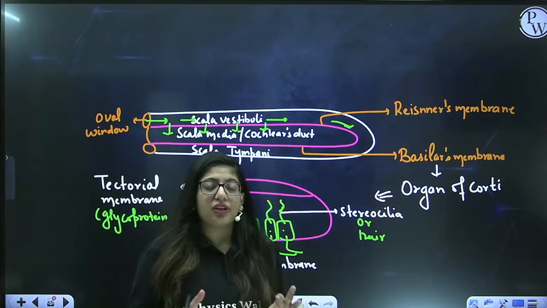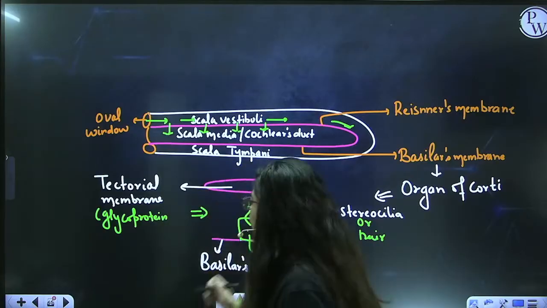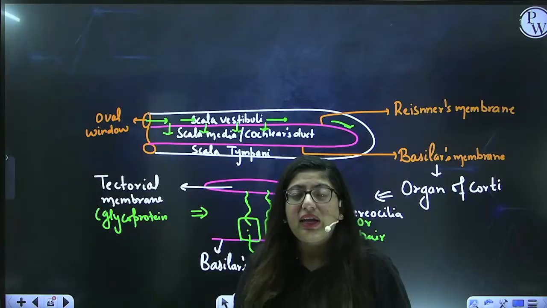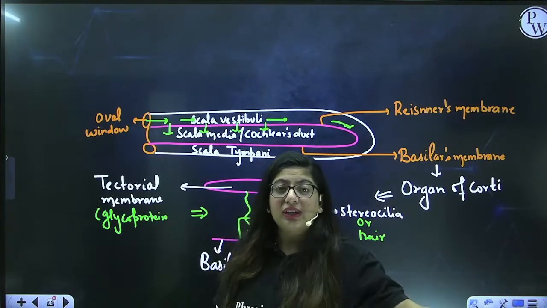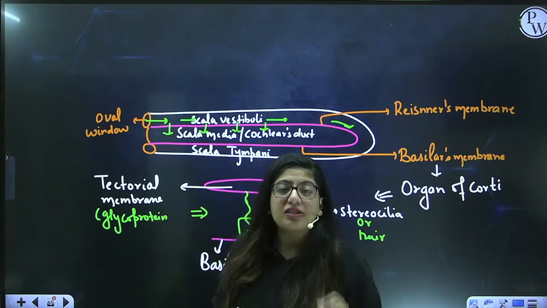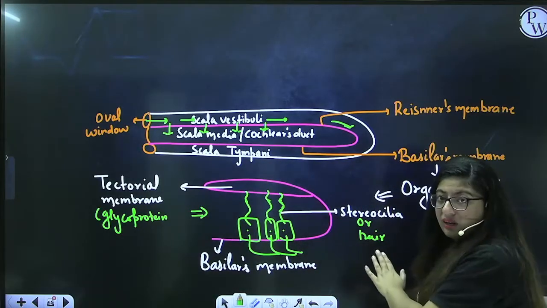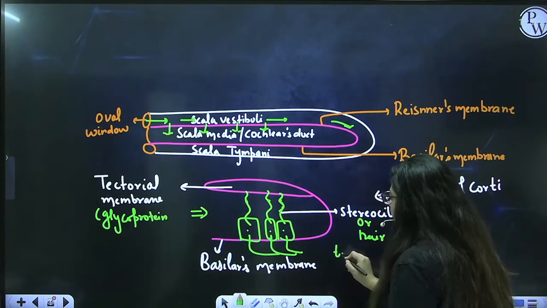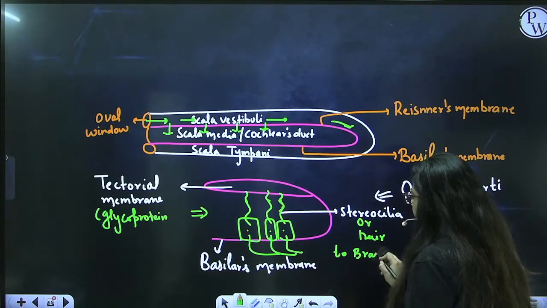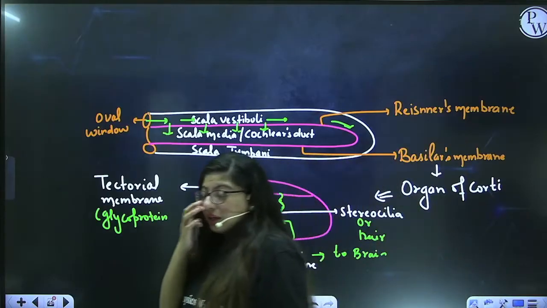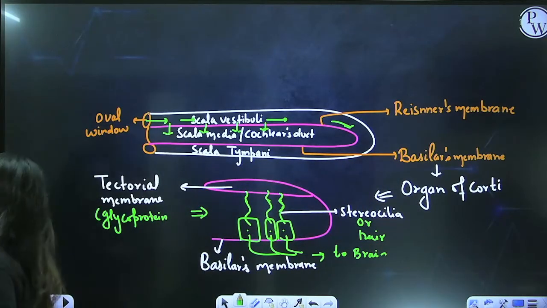Once the stereocilia are moved, they will get rubbed on the tectorial membrane, and when they get stimulated, through this nerve they will send signal to the brain. This is how you hear, right?